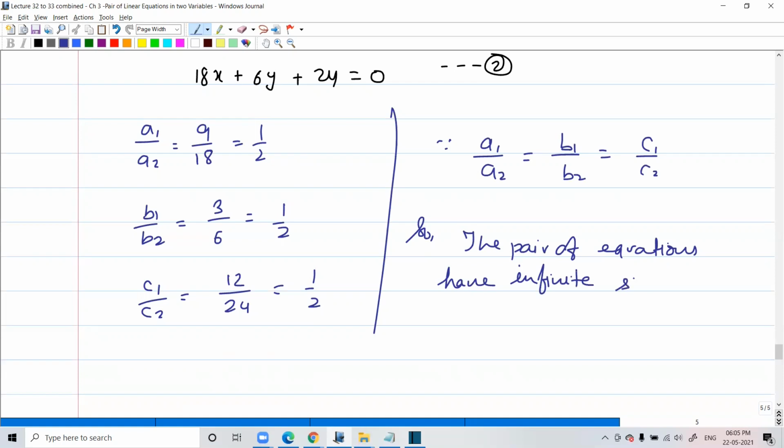Infinite solutions. Okay, and if it has infinite solutions, it still has some solution. So this is also consistent.